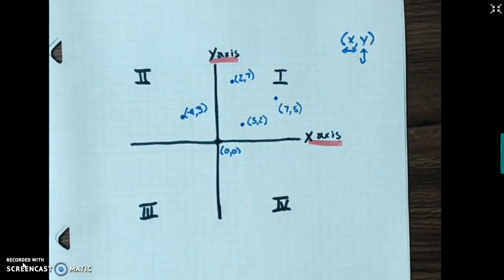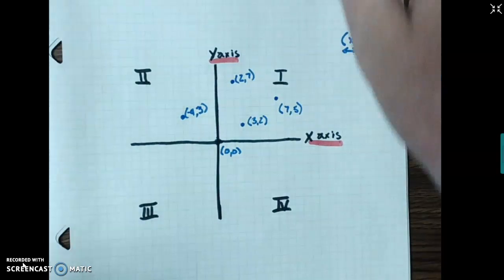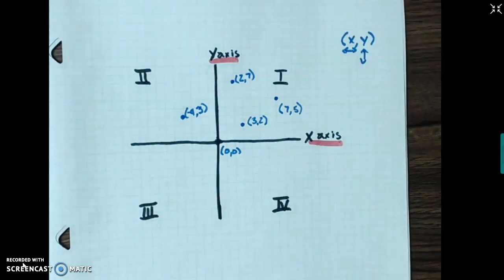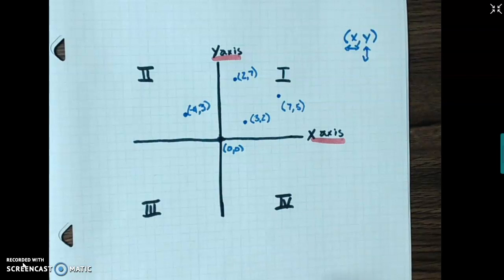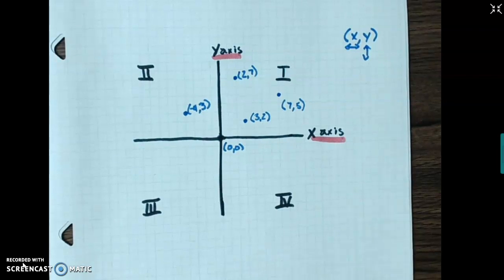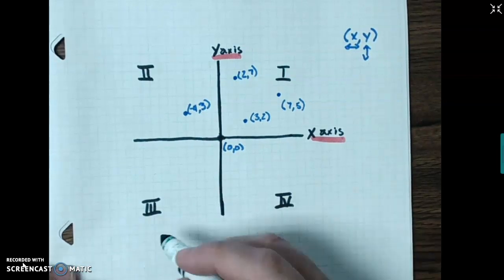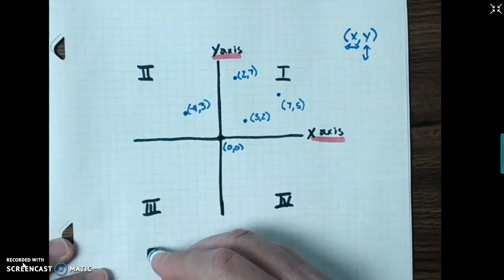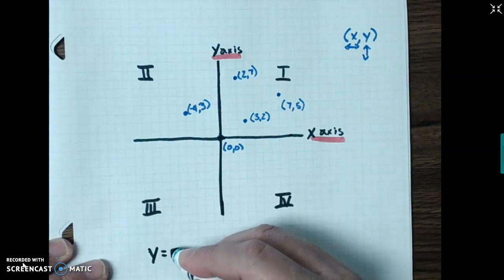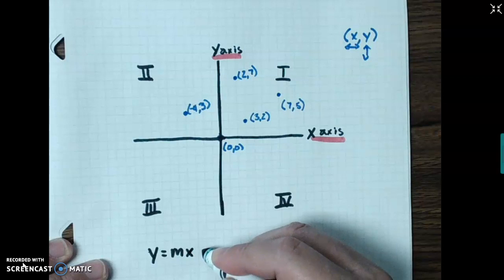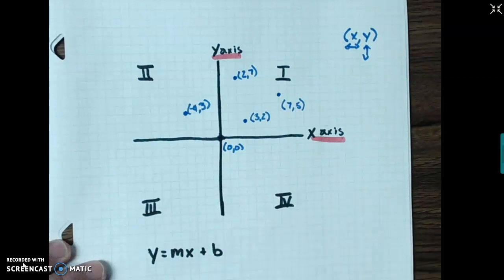So where we're going from here is we're going to start using an equation, a specific equation, called the slope-intercept form. Now, you don't need to remember that. What you need to know is that y equals m times x plus something else. Okay?